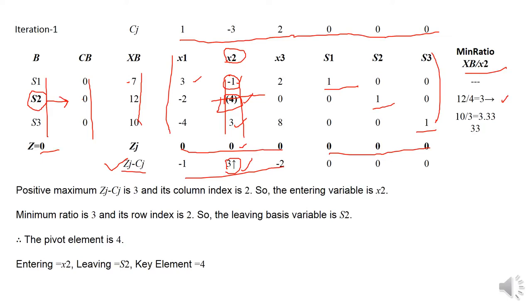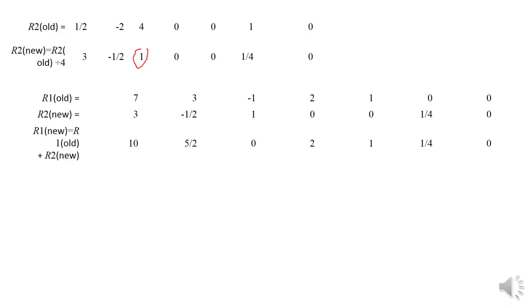So just for understanding, we will write the pivot row. Here the pivot row is R2. So R2 new value is R2 old upon 4. After dividing by 4 we get this, and here the pivot element has become 1 now. Then R1 new will be R1 old plus R2 new.